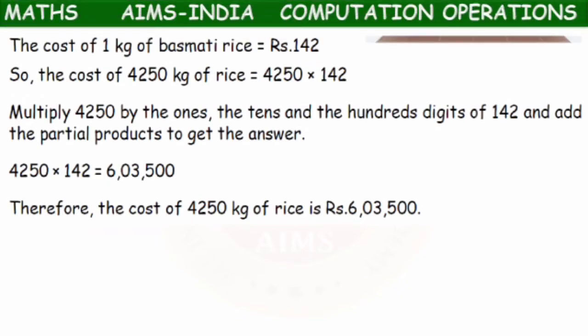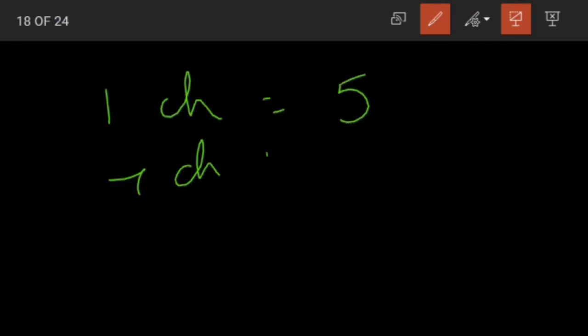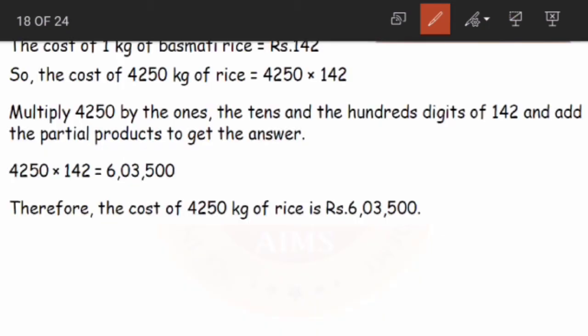Yes children, we already know how to do this. See, if I say 1 chocolate costs 5 rupees, what will be the cost of 7 chocolates? How will you find out? 7 into 5, that is equal to 35. Yes. In the same way, to find out the cost of 4,250 kilos, you need to multiply the number of kilos with the price per kilo.